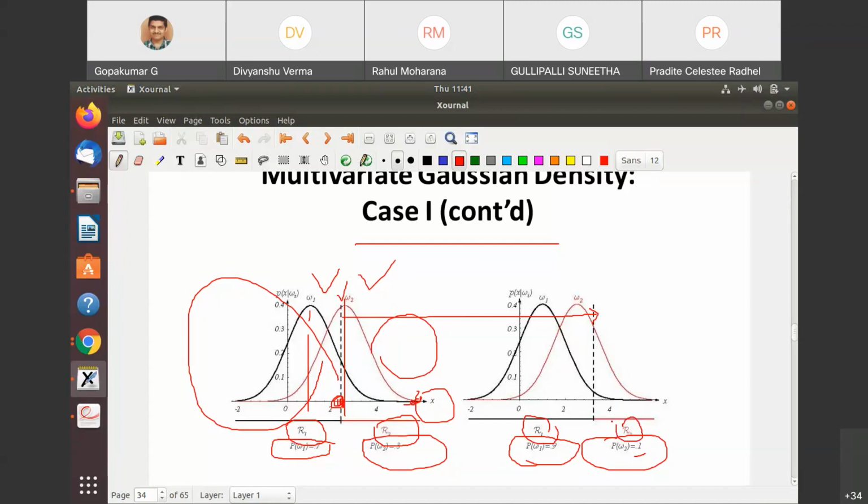That is because the probability of w1 will have an impact on g1 of x, so the decision will be more for preferring w1. So that is one case.